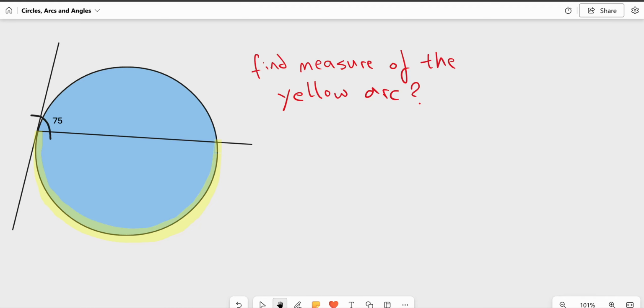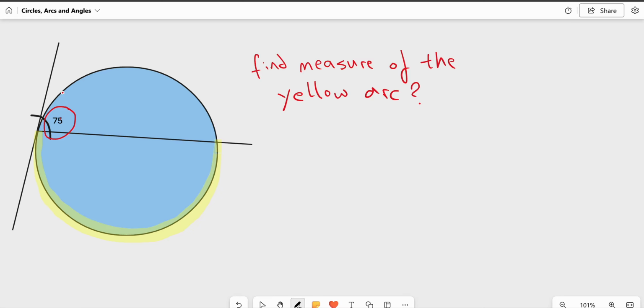Is this an external angle, a central angle, an interior angle? This is an inscribed angle, right? And we have that this angle here is 75, right?